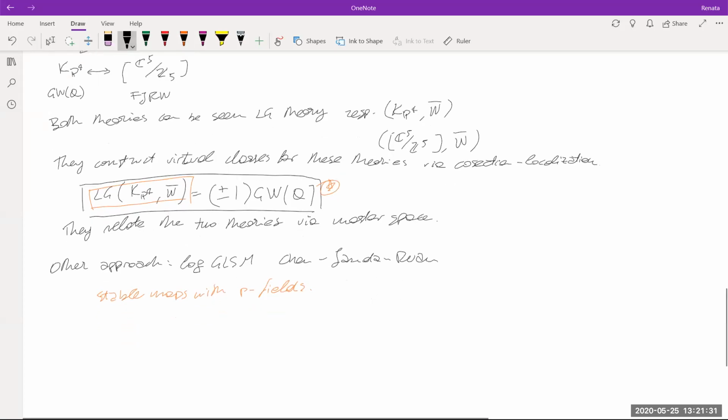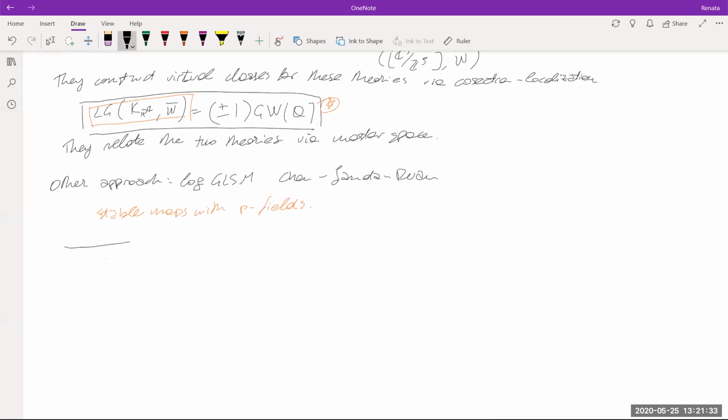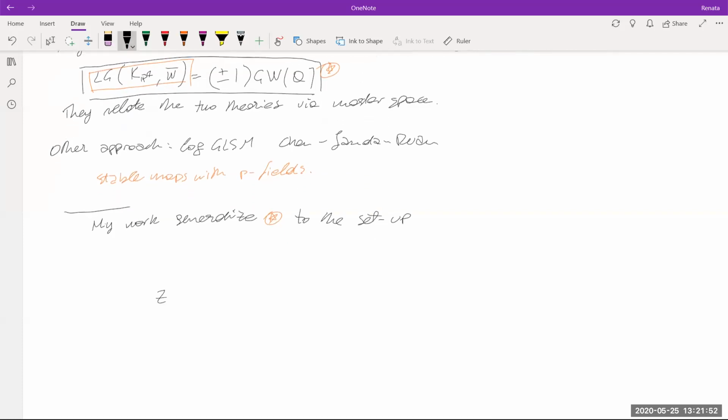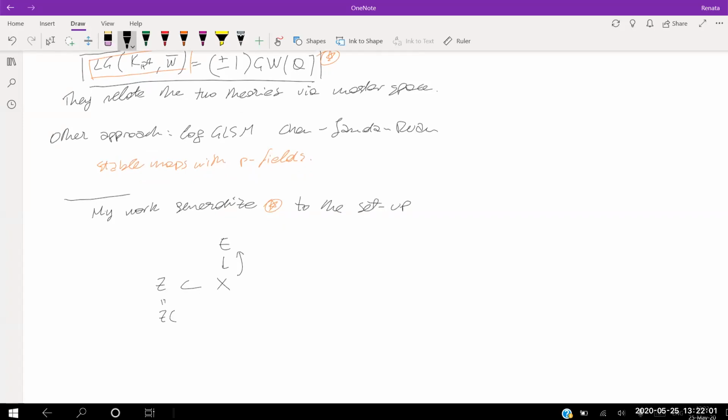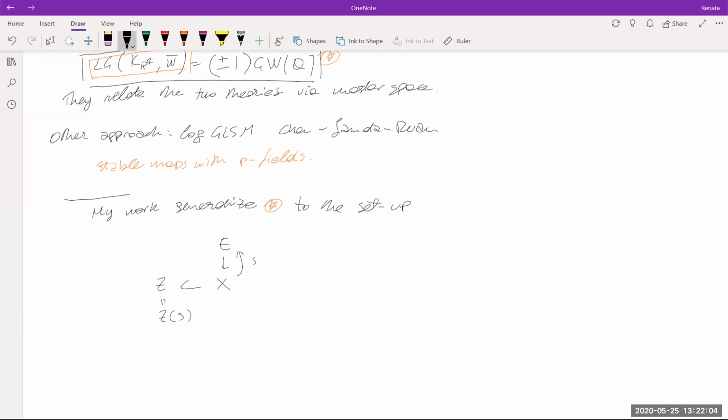And my goal, or what I did, is to generalize this relationship to a different setup. Where instead of the quintic threefold in P4, I have Z, which is the vanishing locus of some section.